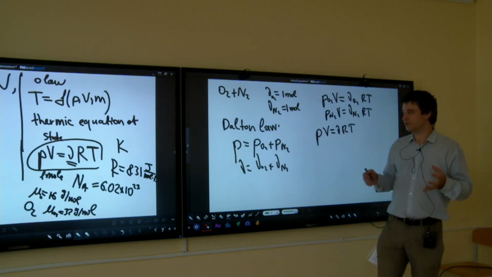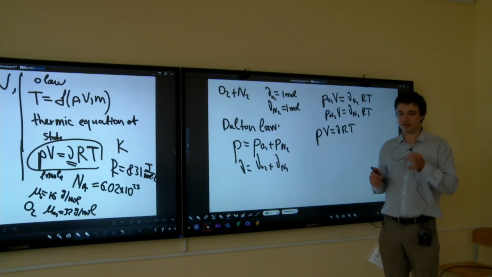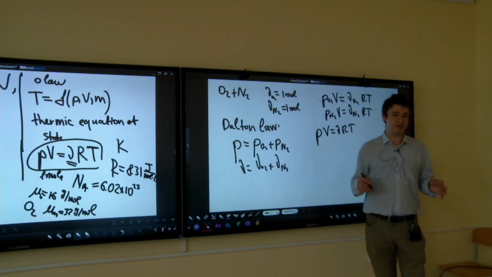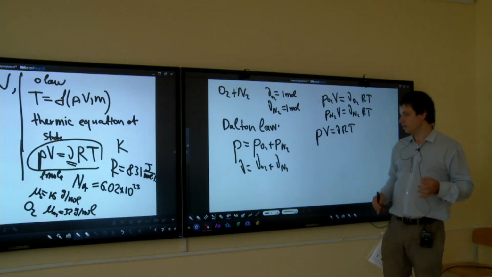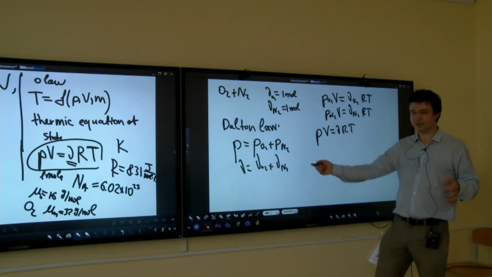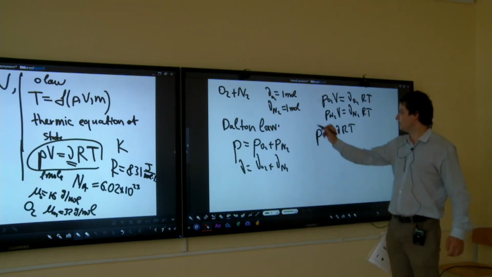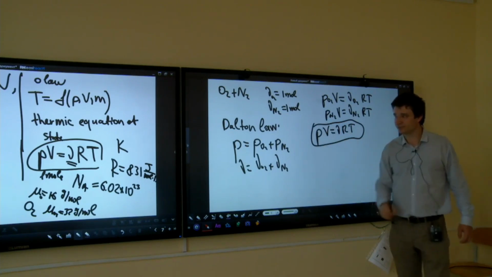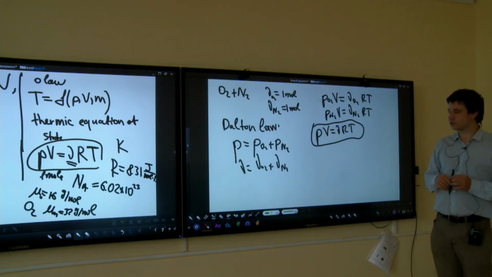Even in clean oxygen without any impurities, the oxygen molecules can be somewhat different. So yes, this law applies to a mixture of gases. That's good. Okay, now we are going to do the next step.